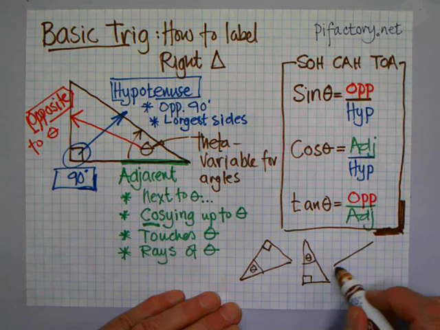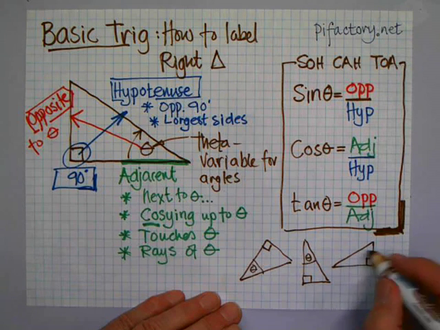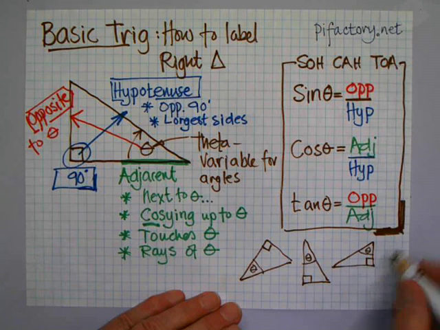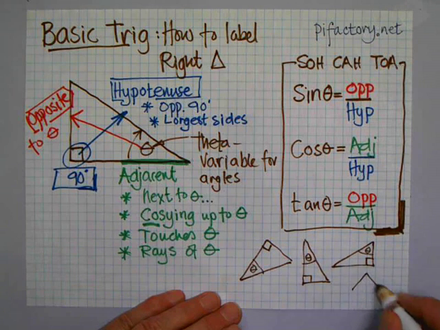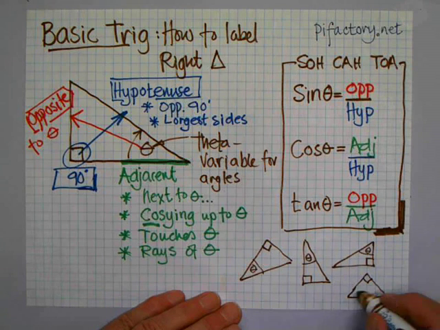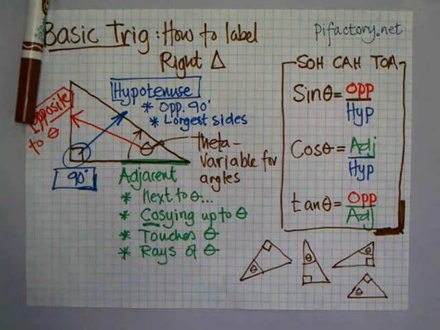There's the right angle. Let's draw another triangle here, and we'll say that theta's that angle. Tip one up a bit. Let's do a right angle like that. Right angle here. And let's say theta's this one.